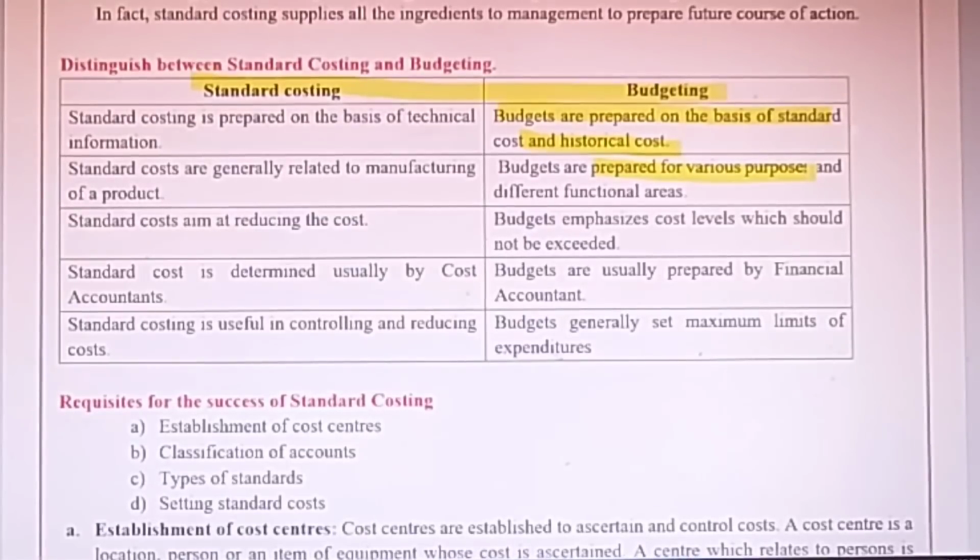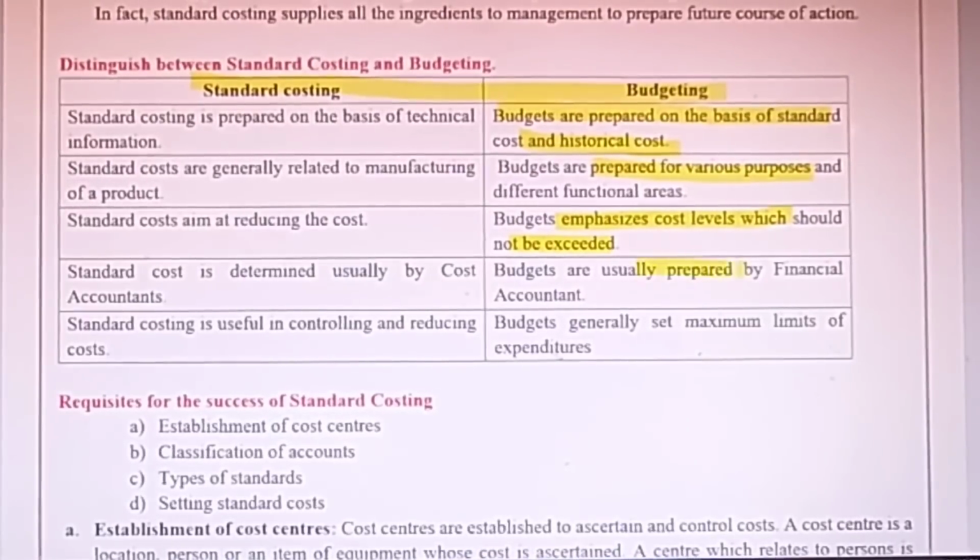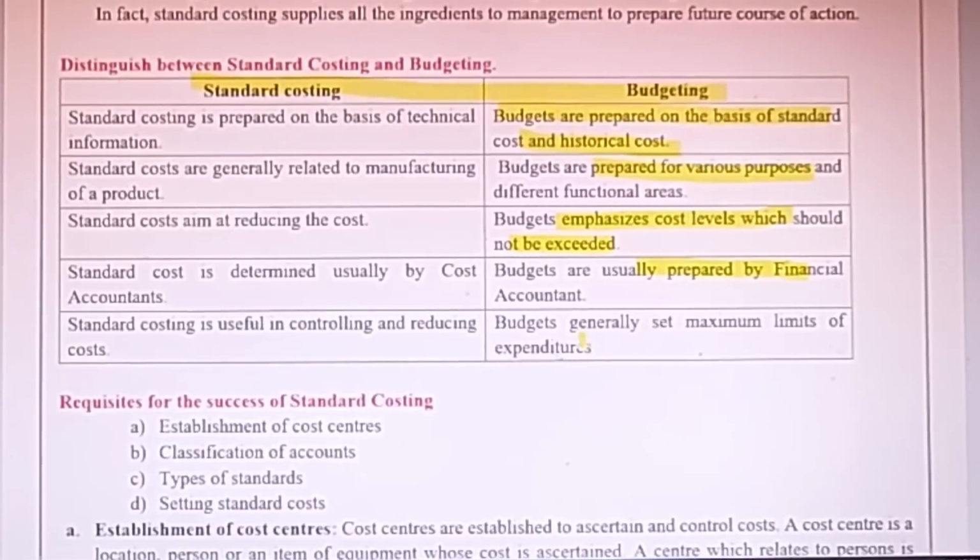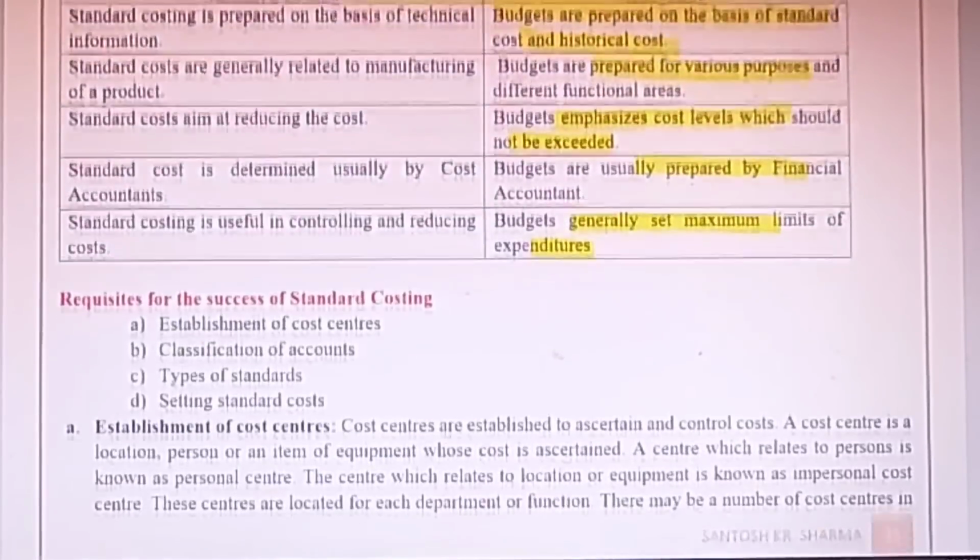So there are many purposes for which we can prepare a budget, and a budget generally emphasizes cost levels which should not exceed the expected budget. And budgets are prepared basically for a financial year, and budgets generally set a maximum limit of the expenditures. But in standard costing, all the points are reversed, right? So we can easily differentiate this.